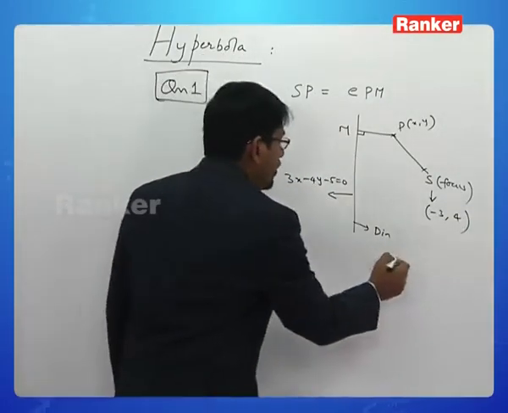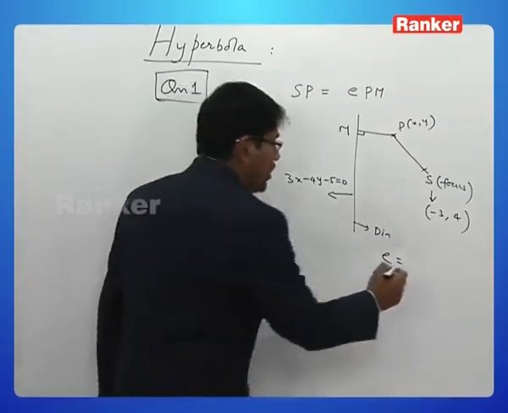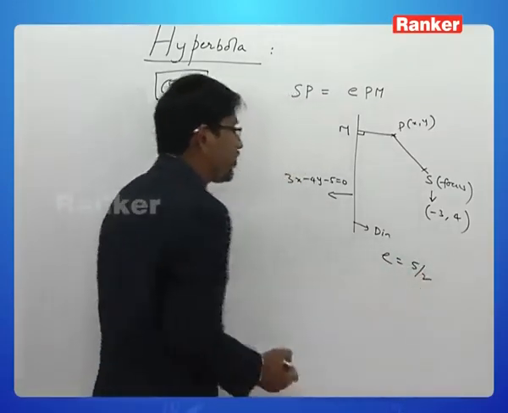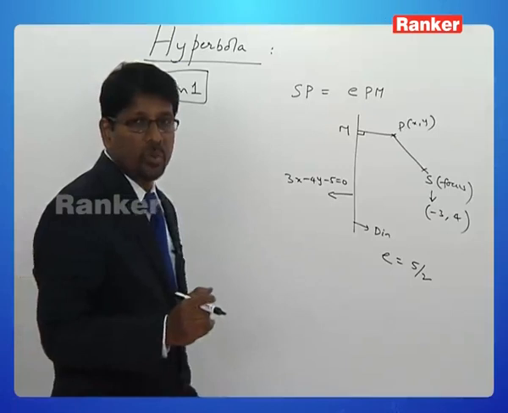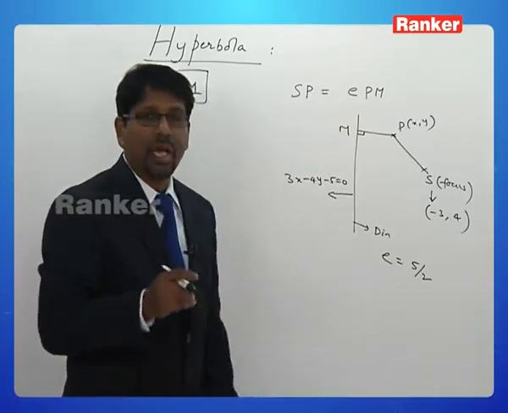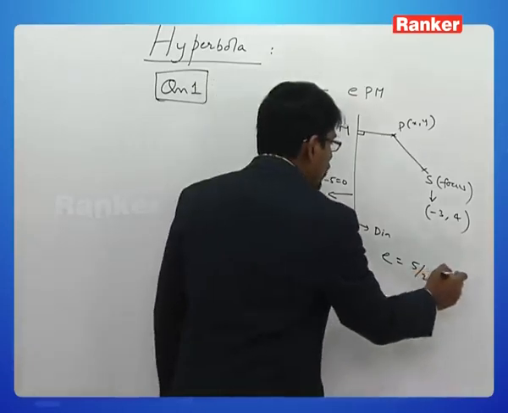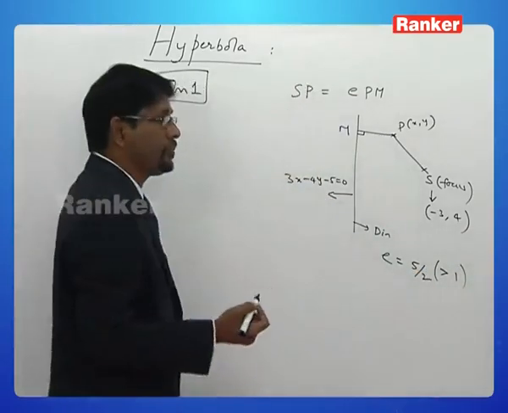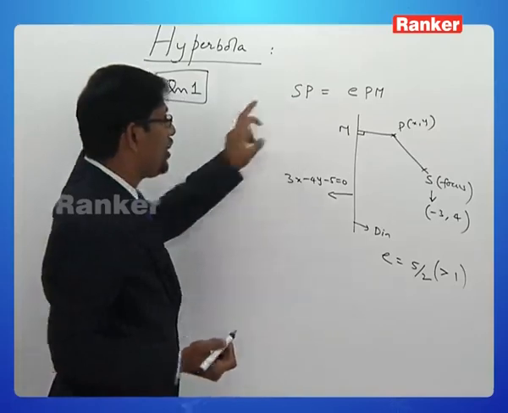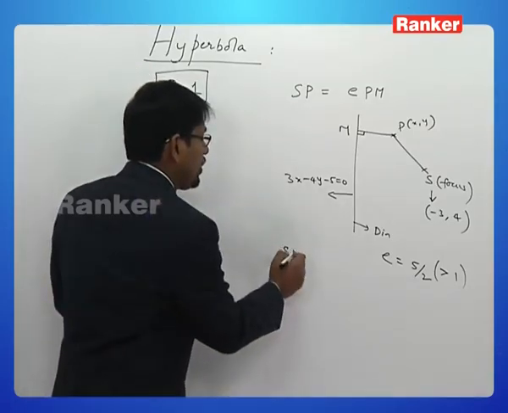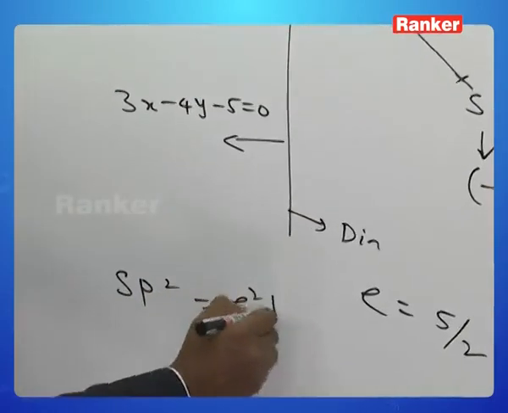Eccentricity is given to be 5 by 2. When the eccentricity is greater than 1, we know that the conic section has to be a hyperbola. So what we will be getting will be definitely a hyperbola equation. So I'll use this equation now. SP square is equal to E square into PM square.